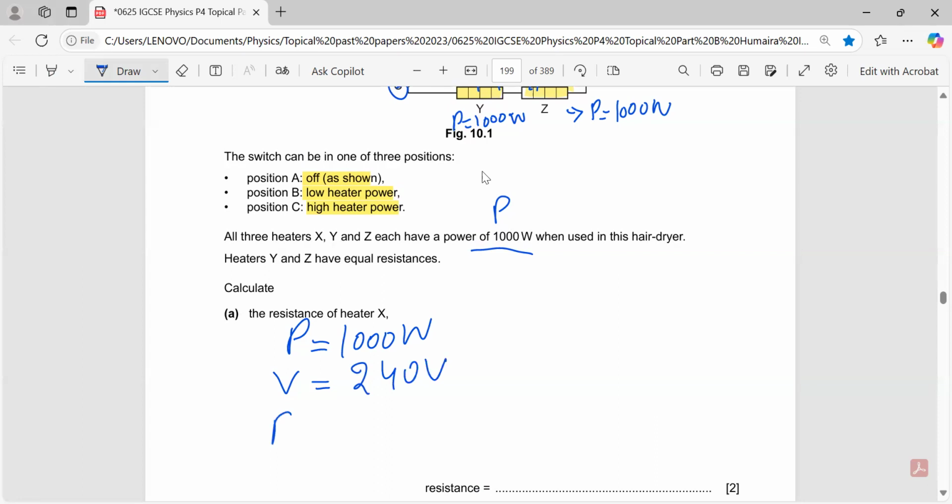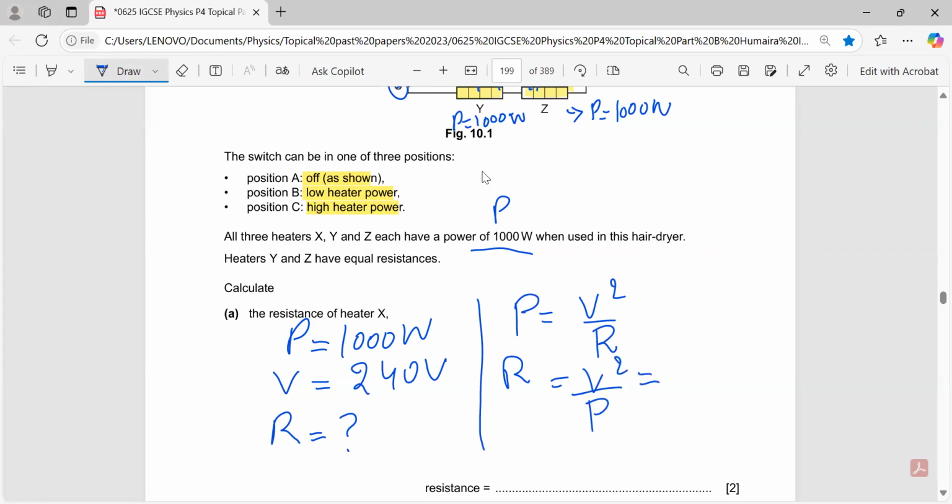The thing we need to calculate is the resistance. By applying the formula P equals V squared over R, we are in a position to calculate the resistance. Just rearrange this formula and we are able to get the answer.